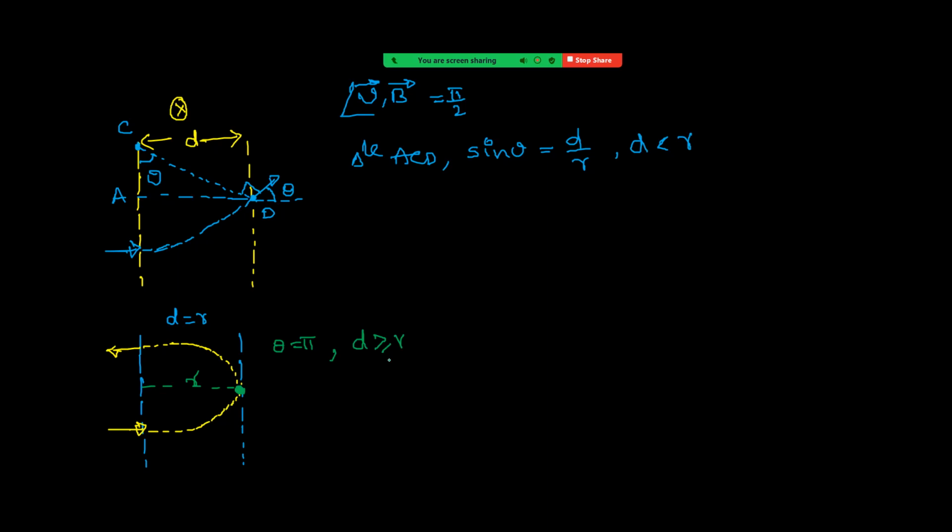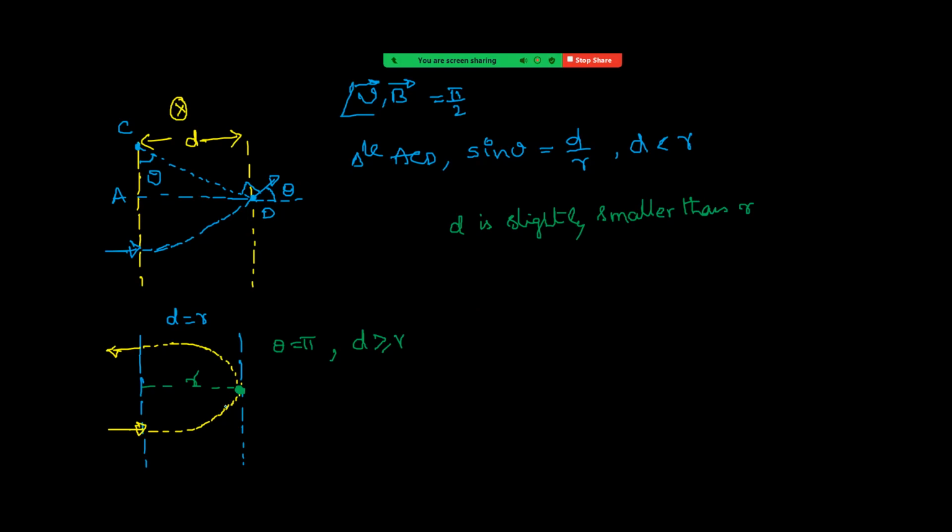Suppose we consider d slightly smaller than R, slightly. See carefully this diagram. If you take d slightly smaller than R, at this point there is no magnetic field.